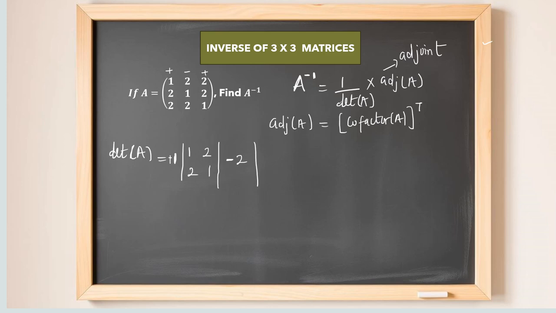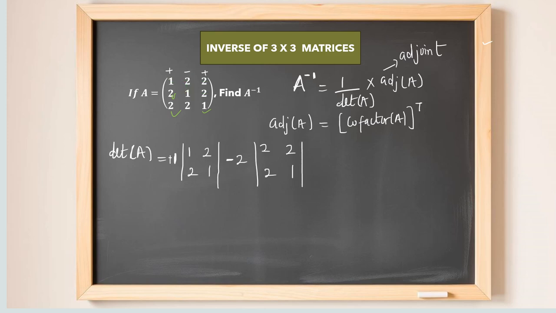For negative 2, let's cancel out the row of negative 2, and cancel out the column. So we are left with 2, 2, 2, 1.